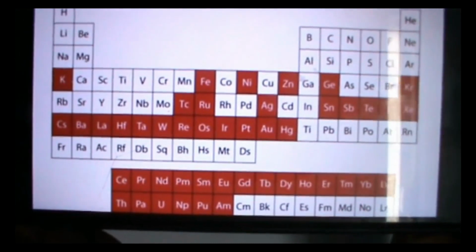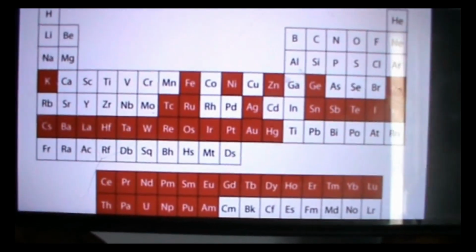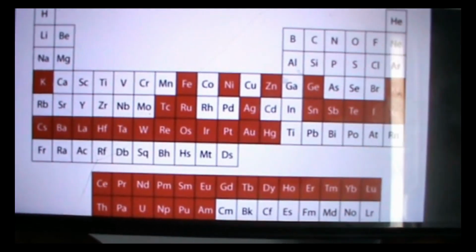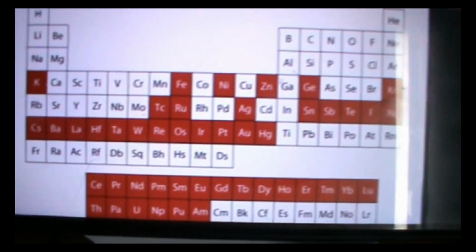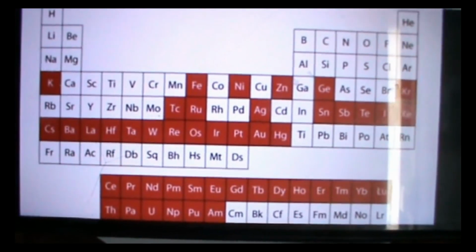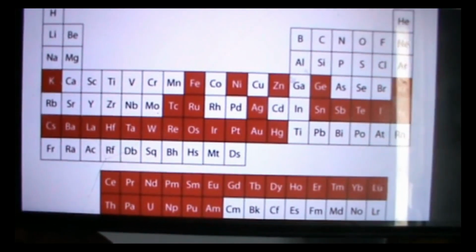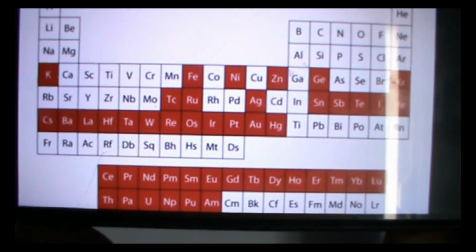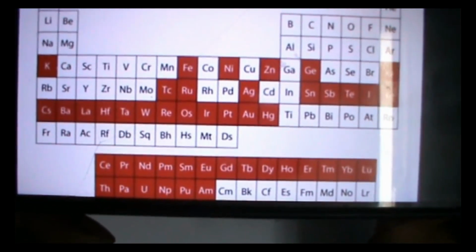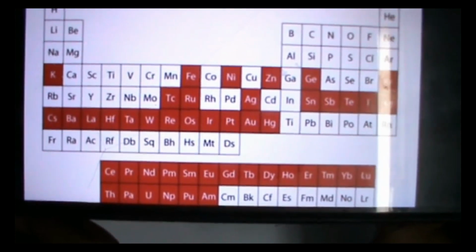Here I have the periodic table. In that, the elements that are MASS bioreactive are given in red. If you follow this periodic table, it will be very easy to remember the elements that are MASS bioreactive. In the first row transition metals, we have iron, nickel and zinc.